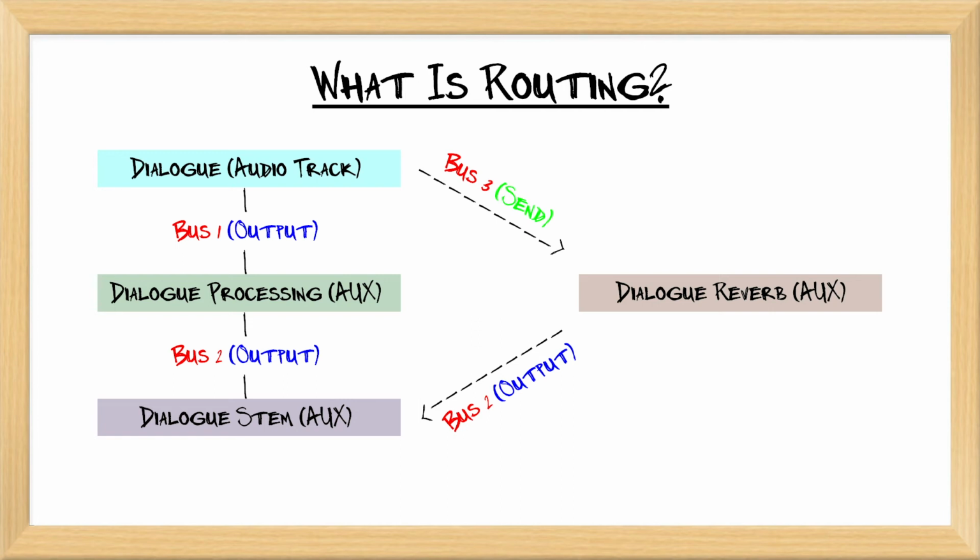So again, you have a dry or non-reverb signal starting at dialogue audio, going to the stem, and then you also send that to the dialogue verb, and then they meet back in the middle on the dialogue stem.